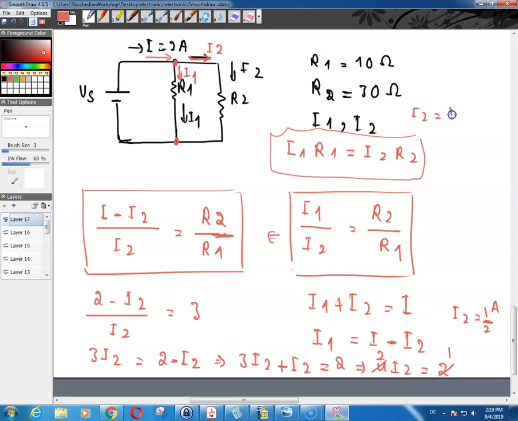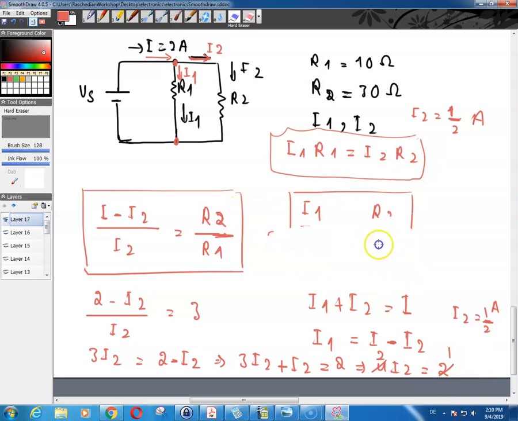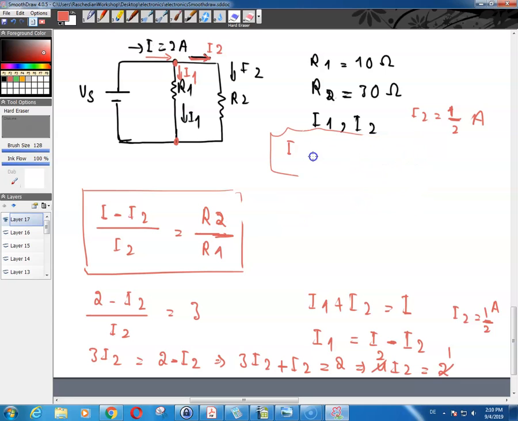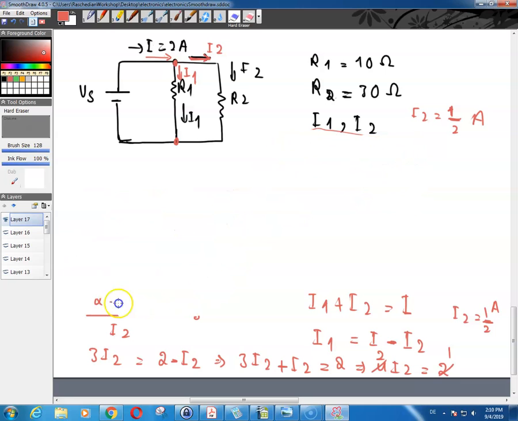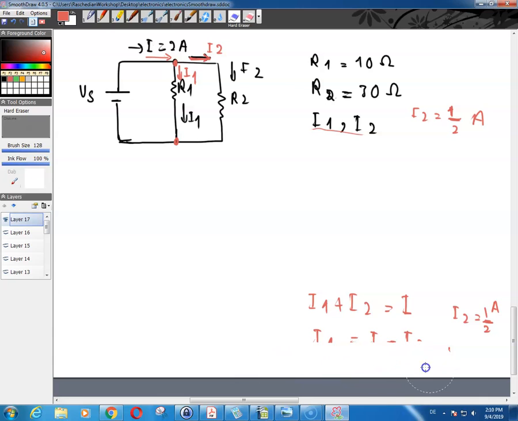I2 is equal to 1/2 amps. And then of course, using this relationship here, you can find the other current.